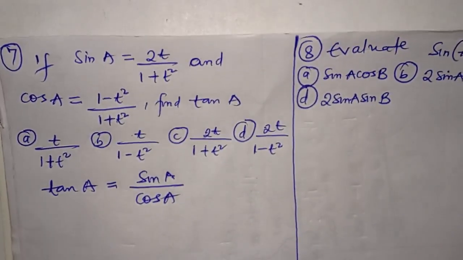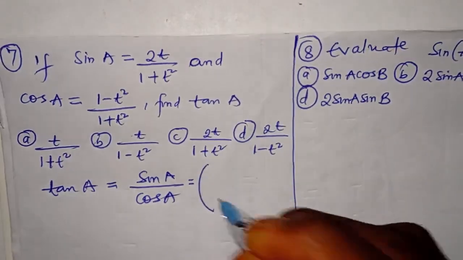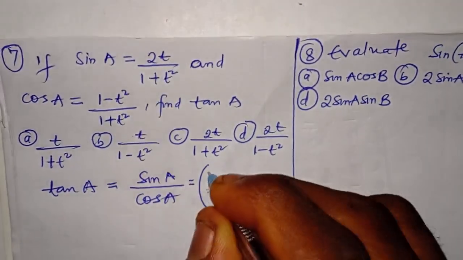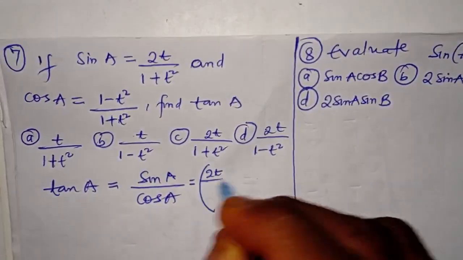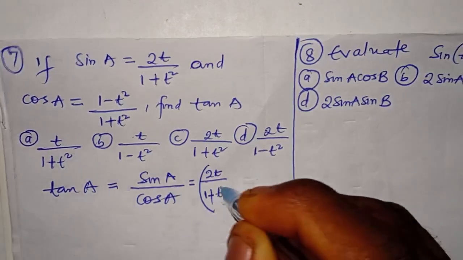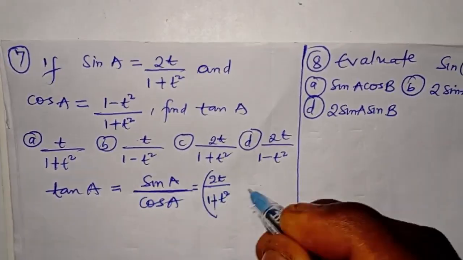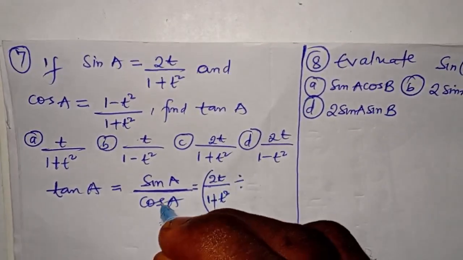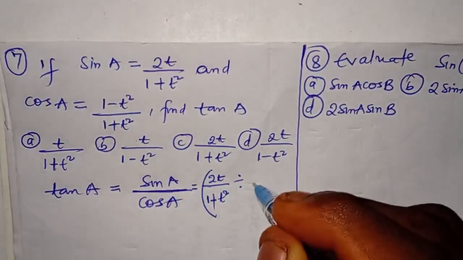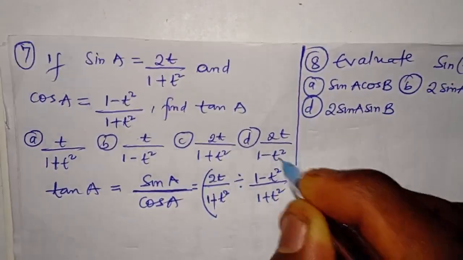So what is sine A? Sine A is actually 2t divided by 1 plus what? t squared. And divided by what's cos A? This, 1 minus t squared divided by 1 plus t squared.